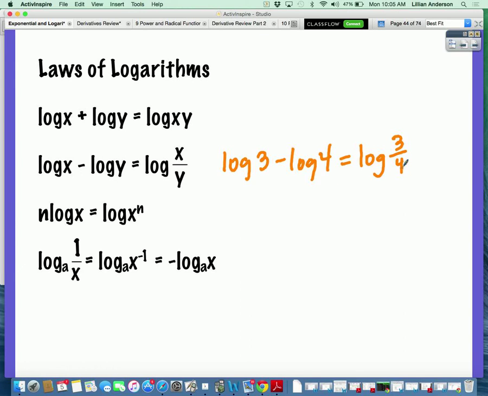Well, we can take that n and move it to the exponent and have log of x to the n. And also, this is one of those special laws: if you have a base 1 over x, remember 1 over x can be written as x to the negative 1. Y'all remember that? So then, as an exponent, remember it can be moved to the front using this law up here. Everybody see that?